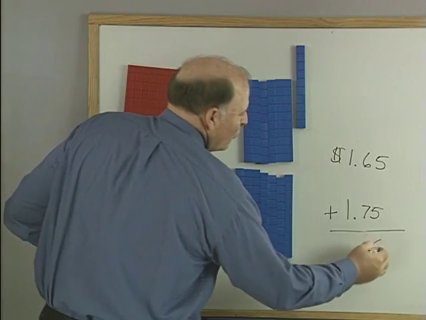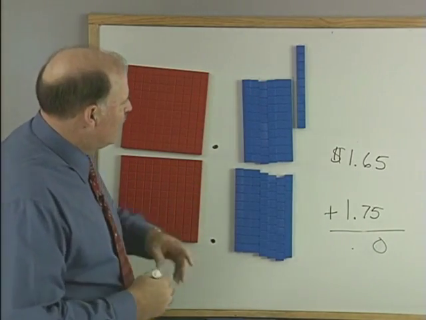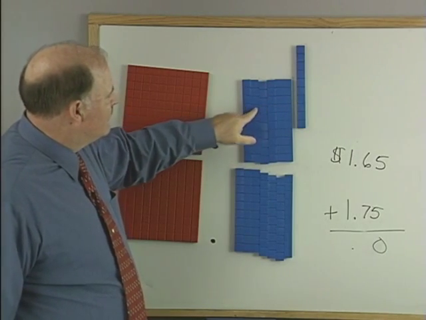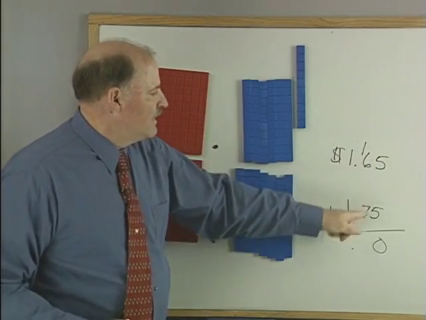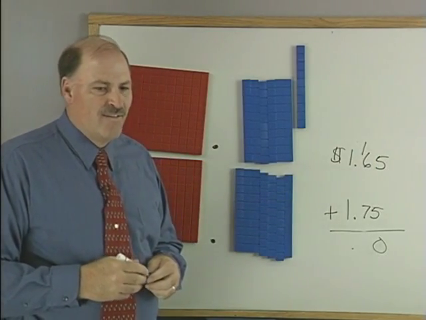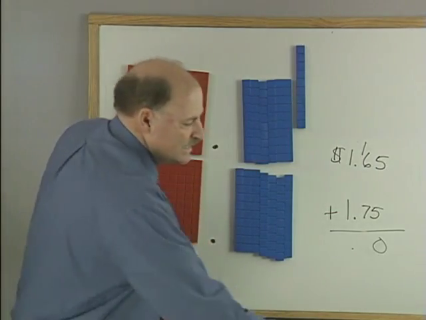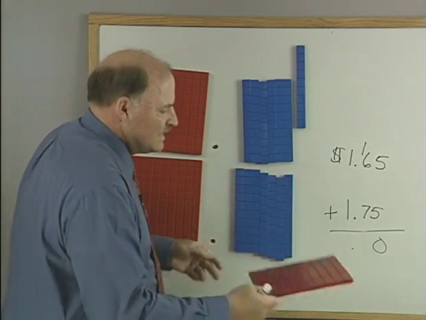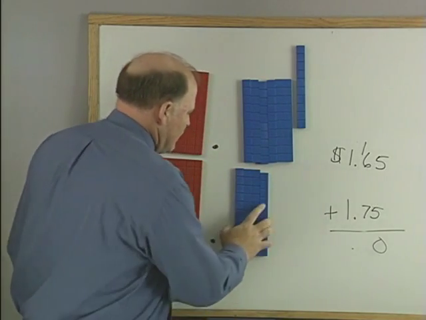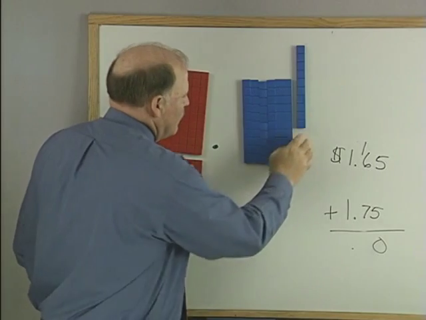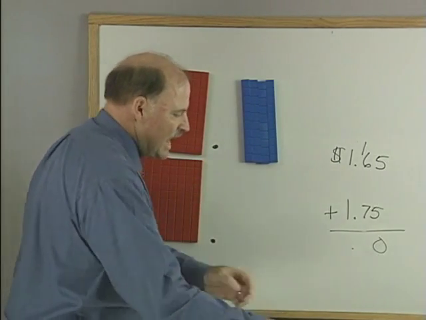So now we have no more pennies, no more nickels, no more cents. Now, 1, 2, 3, 4, 5, 6, 7. 7 and 7 is how many? 14. How many of those make $1? 10. So we're going to take out 10 more. 1, 2, 3, 4, 5, 6, 7, 8, 9, 10 of them.